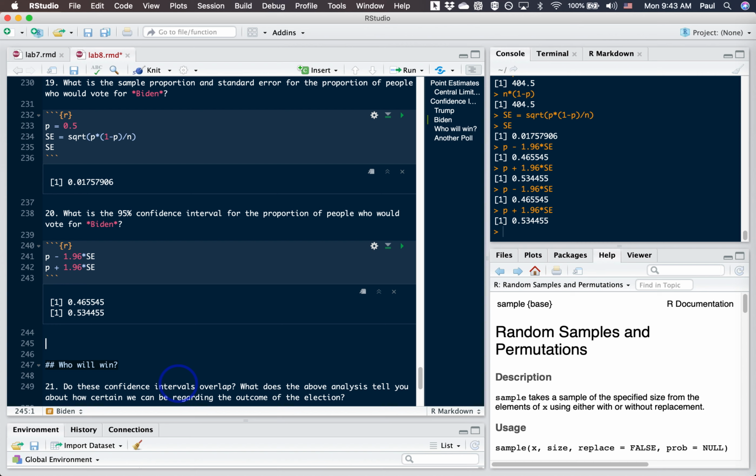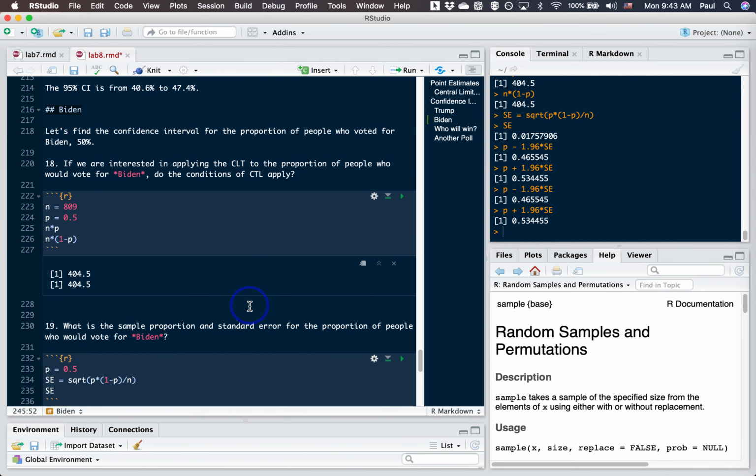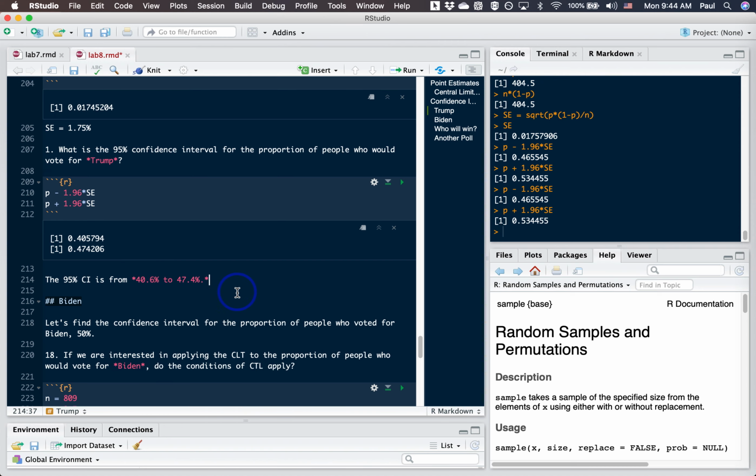So the 95% confidence interval for people voting for Biden is 46% to 53.4%. So now the real question: given those values and these values, do we have conclusive evidence as to who's going to win?